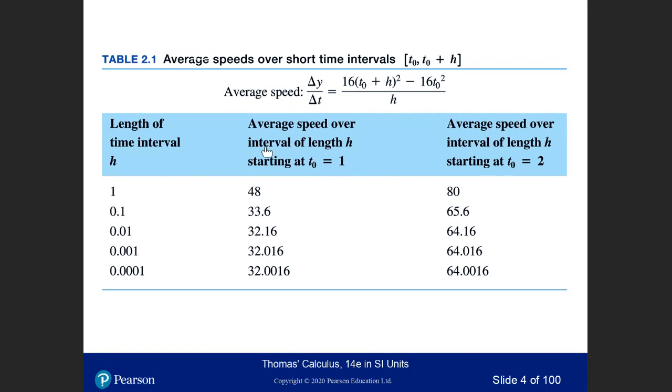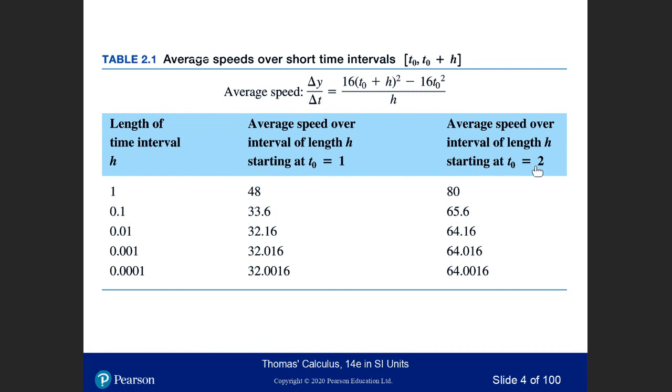Now, we have two starting times: t0 equal to 1 and t0 equal to 2. So when I put h equal to 1, with t0 equal to 1, t0 plus h is 2, so 4 times 16 is 64, minus 16, which is 48.